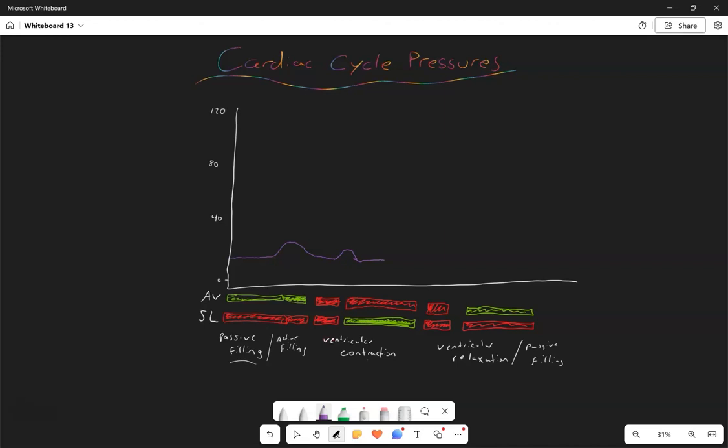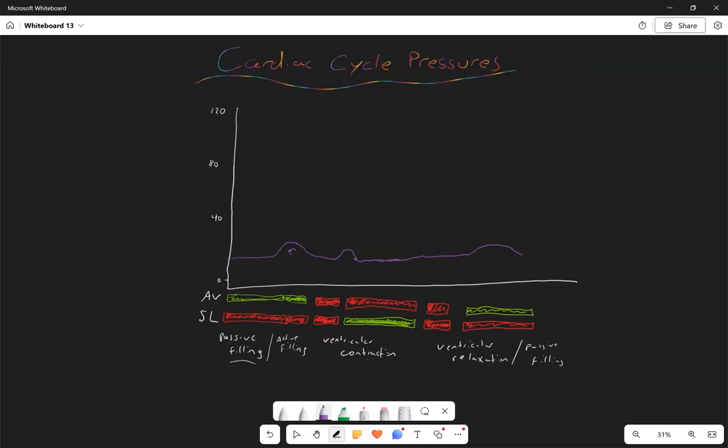Then as we enter ventricular contraction, the atria fill up with blood a little bit so that when we get back here, it can hit that rise in pressure again. So the pressure inside the atria rises during that active filling, that atrial contraction phase.